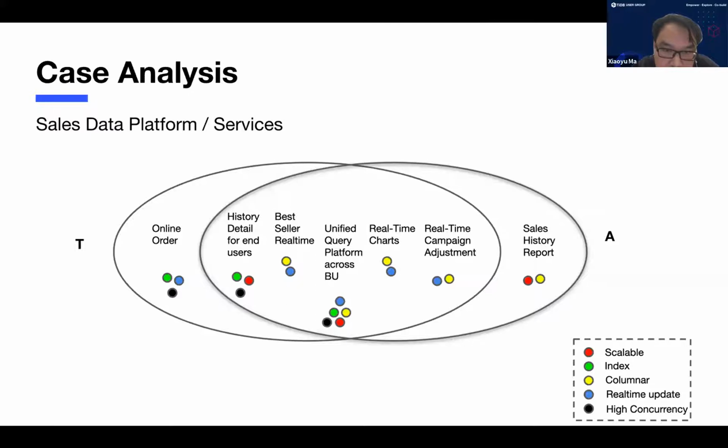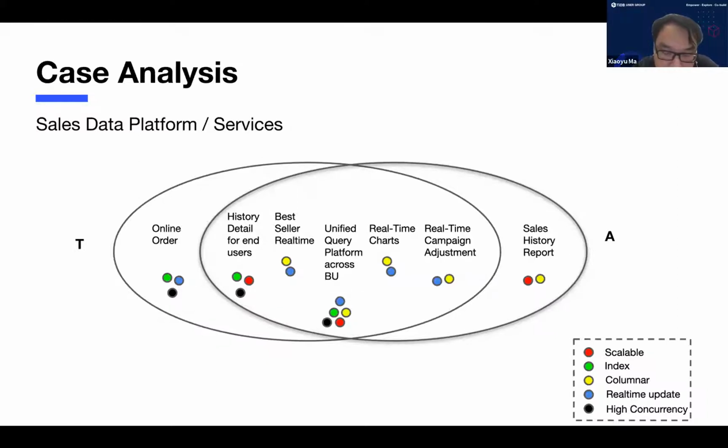Another example is a unified query platform. Say that you have different data silos from your TP applications, and you need to bring them together to form something like a real-time data warehouse or an ODS system or data hub.